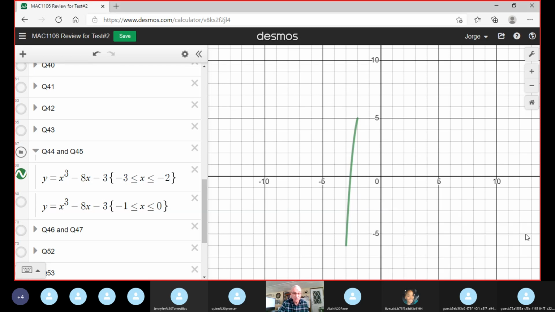Okay. What is the idea? Focusing on the mathematical part, I copy my polynomial for questions 44 and 45. I put this curly bracket. This curly bracket indicates that I want to see the graph specifically only in this interval. And you see one part of the polynomial, one piece, one segment, one curve.